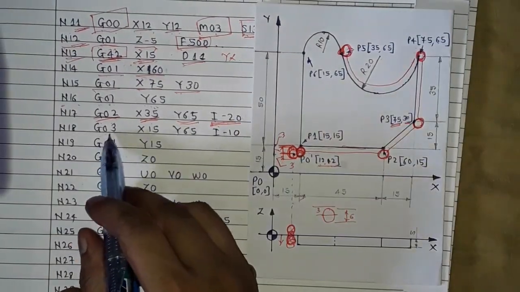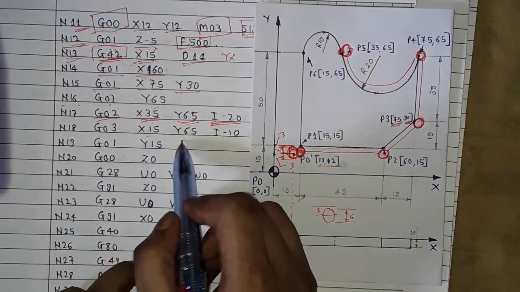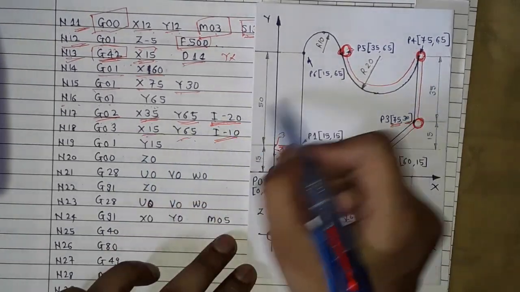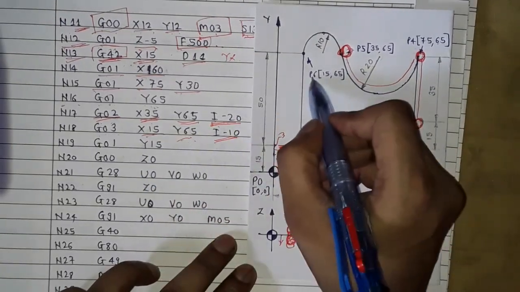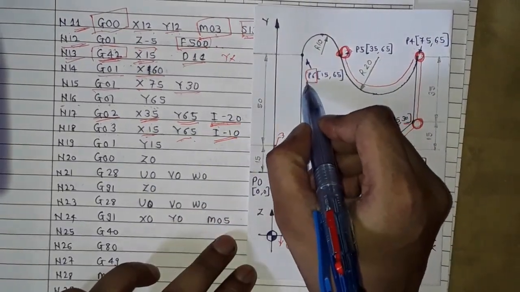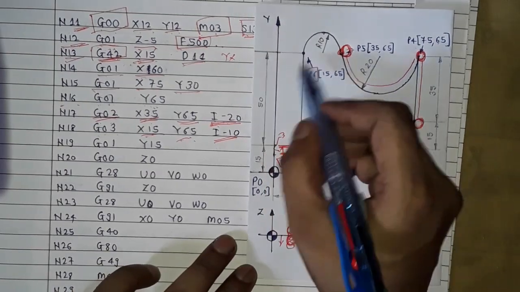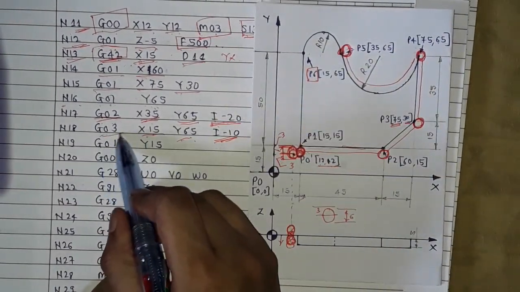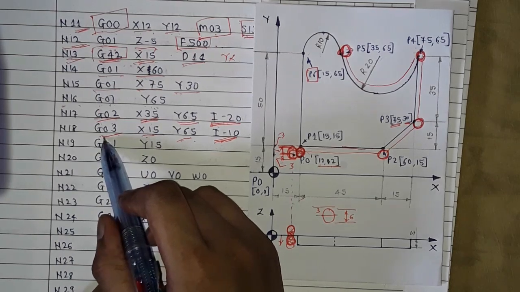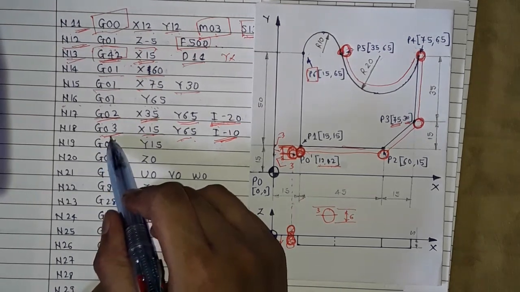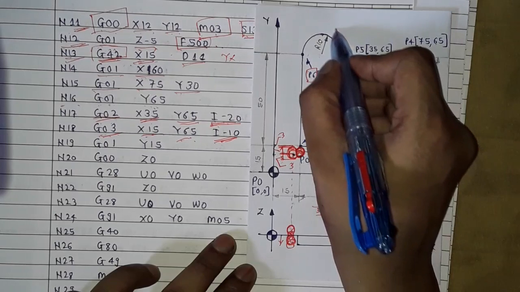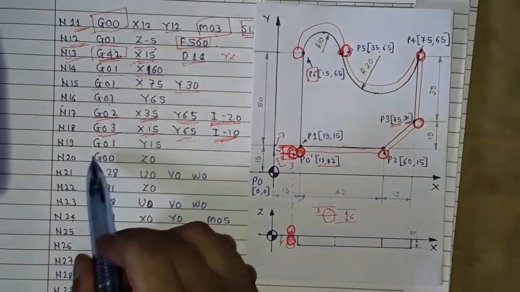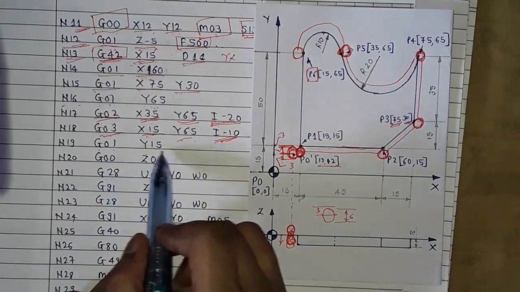Next G03 X15 Y65 I minus 10. Here this is point 6 at 15 and 65, and this is the radius. G03 is for counterclockwise circular interpolation. So now the cutter will move in this direction like this. And G01 Y15.